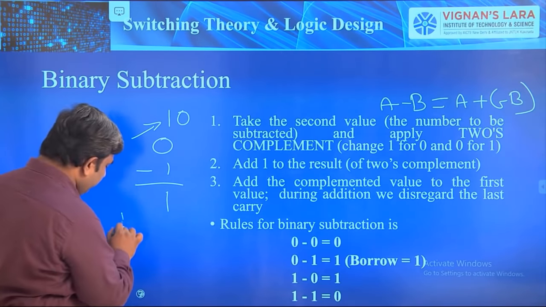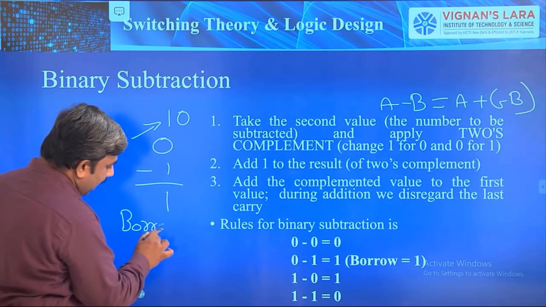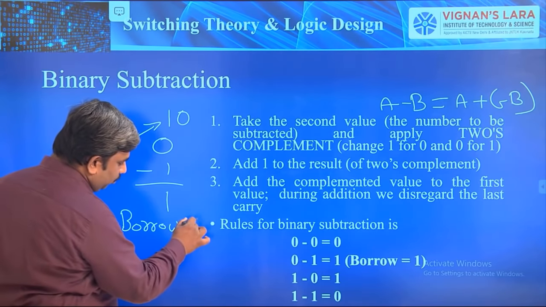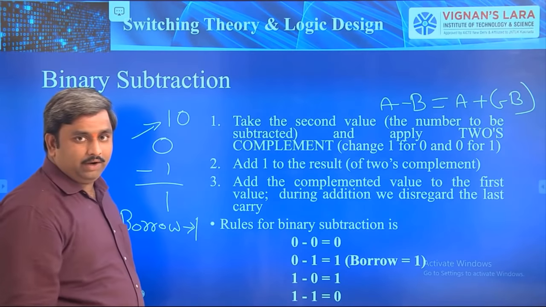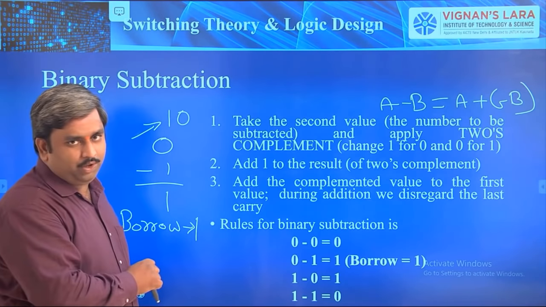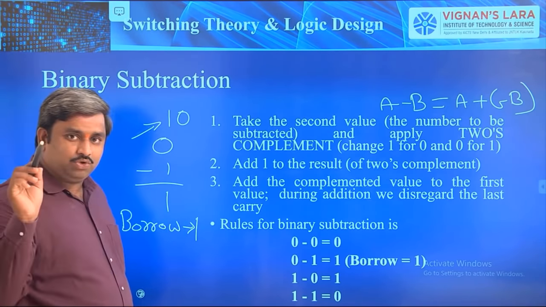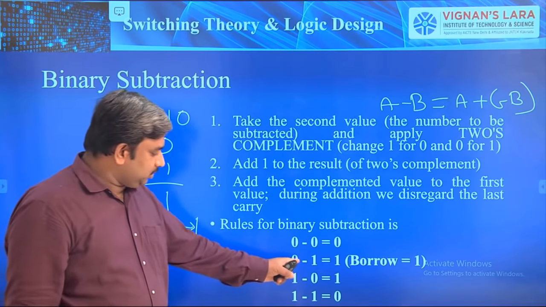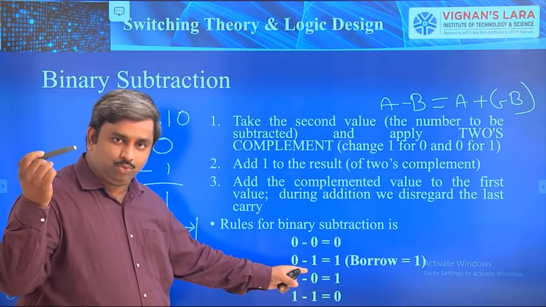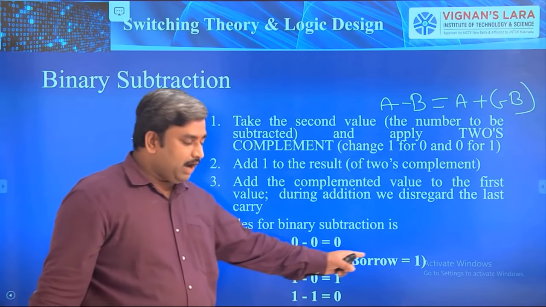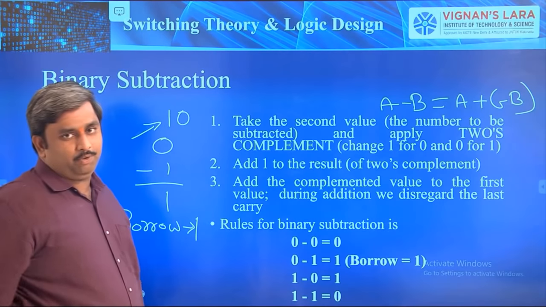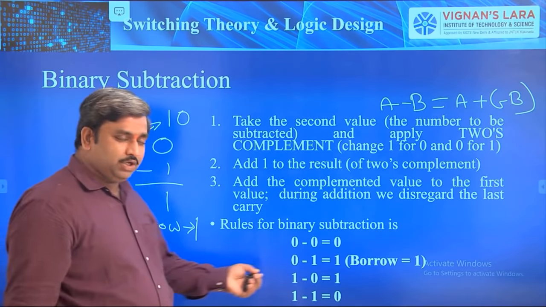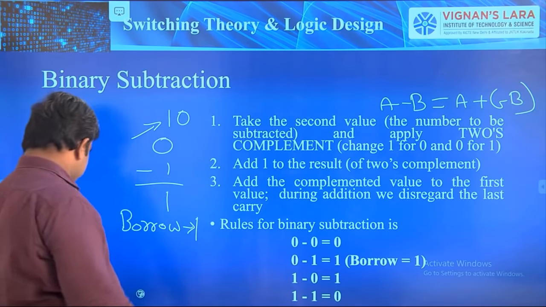And here I am writing that I have a borrow equal to 1. So the difference is 1 and the borrow is 1. So 0 minus 1 gives a difference of 1 and a borrow of 1. This is very, very important. So this is the subtraction process.